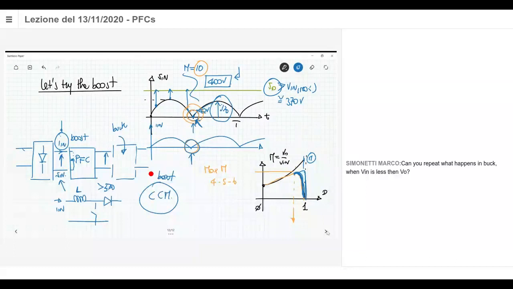Since the right half plane zero is at a frequency much higher than the bandwidth of my boost employed as a PFC, I can use it in CCM. Something that will be clear later. Well, we have two conditions that we have to understand: the large conversion ratio just for the lower input voltage, and the fact that the boost is operated in CCM.